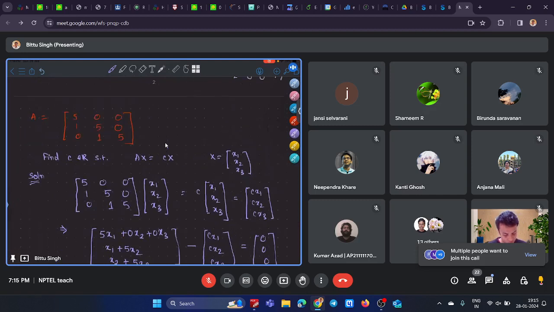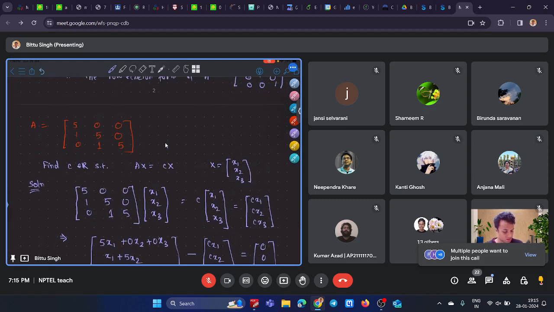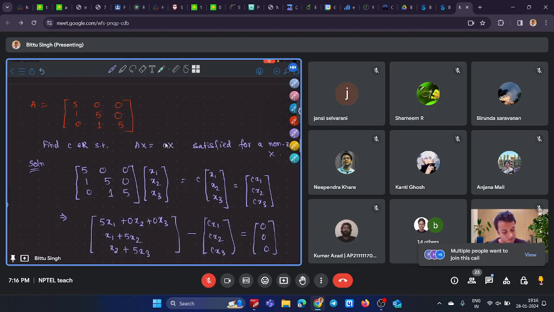The question is like this: find c belongs to R such that Ax equals cx is satisfied for non-zero x. Okay, because when x is 0, there is nothing to solve.